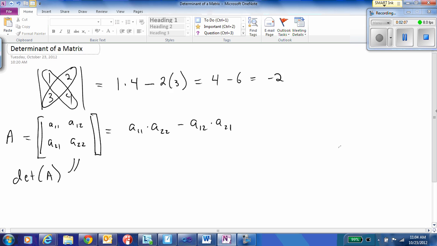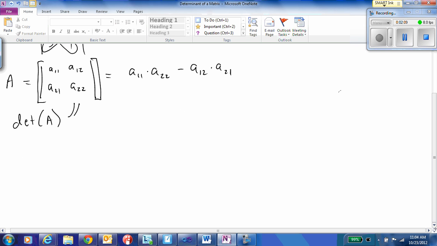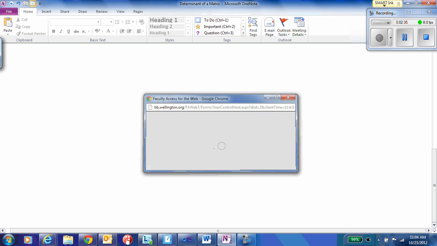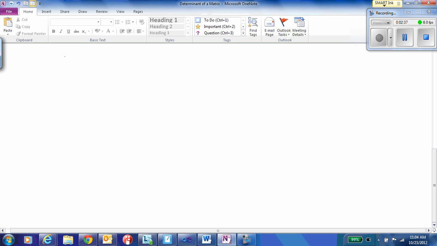Okay, so in more general terms, we can write the determinant for an arbitrarily large matrix. The way that works is that we use a method called Cramer's rule, or the method of cofactor expansion, which is going to allow us to calculate the determinant of a matrix by taking a larger matrix and splitting it into smaller matrices.